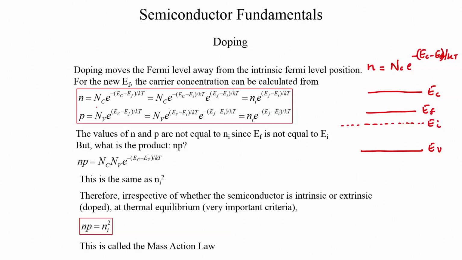Now this expression tells you that the electron count is Nc, which is the effective density of states in the conduction band, into e to the power minus (Ec minus Ef) by kT. But Ec minus Ef is also equal to (Ec minus Ei) minus (Ef minus Ei).